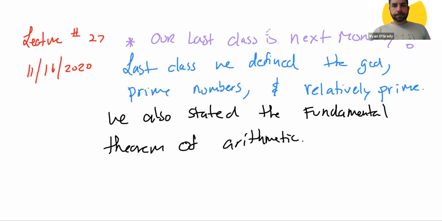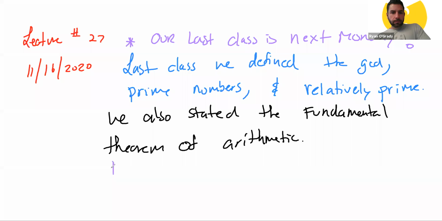Okay, so what we didn't talk about yet, and so we'll define it now, is a closely related concept that you should also be familiar with, and that's the least common multiple.